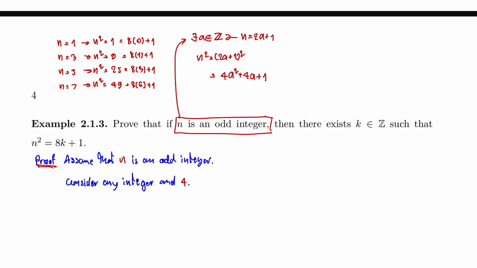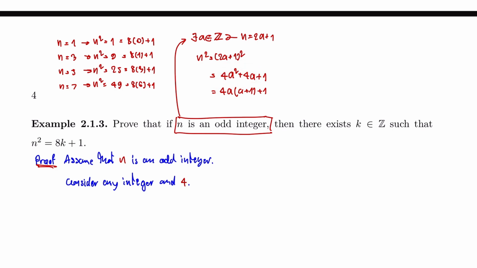So if you write n equal to 2a plus 1, I cannot get 8. I just have 4a squared plus 4a plus 1, and the first two terms just have a factor of 4. I need to have a factor of 8 from these numbers.